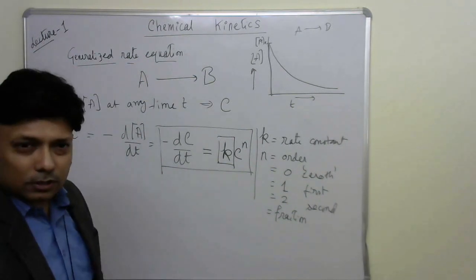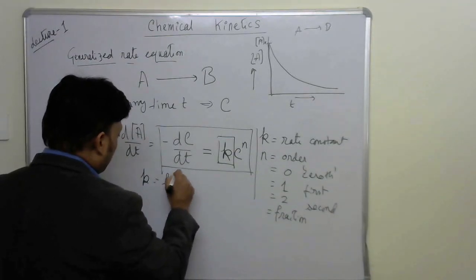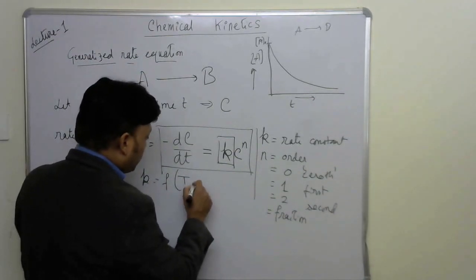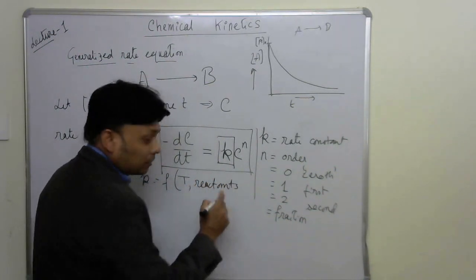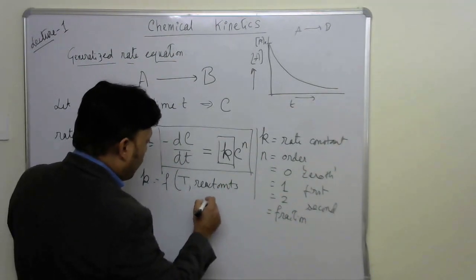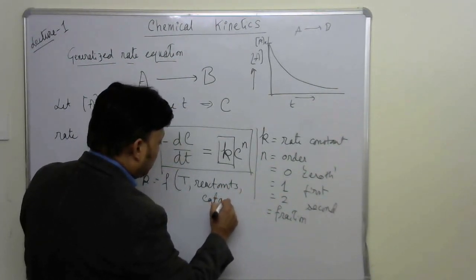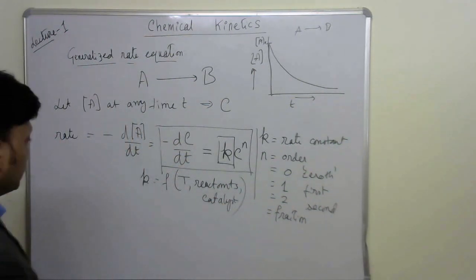So the question is, how constant is the rate constant? Let me tell you, K is actually a function of the temperature T, and obviously of the reactants, meaning the specific reaction that we are talking about, and of course also of the catalyst, if any catalysts are being used.